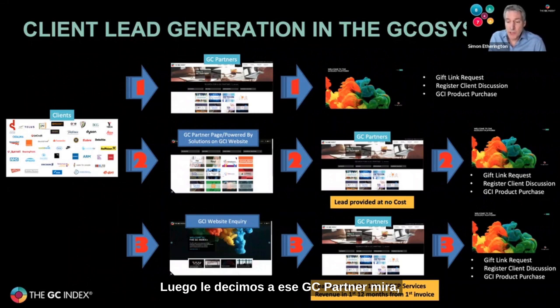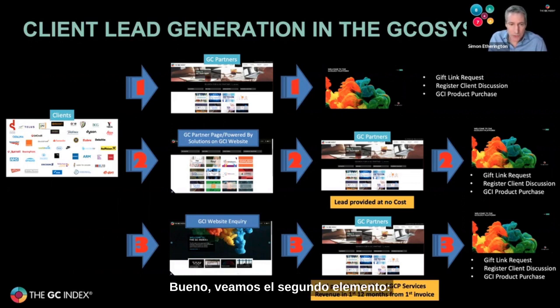And then we will approach that partner and say, look, we have a lead for you. Would you like it? In return, we then get 10% of your services revenue in the first 12 months following the first invoice. Now, all of this is in your GC partner agreement, so hopefully you should be fairly familiar with it as well. But I'll take you through the process of how it actually works in reality.